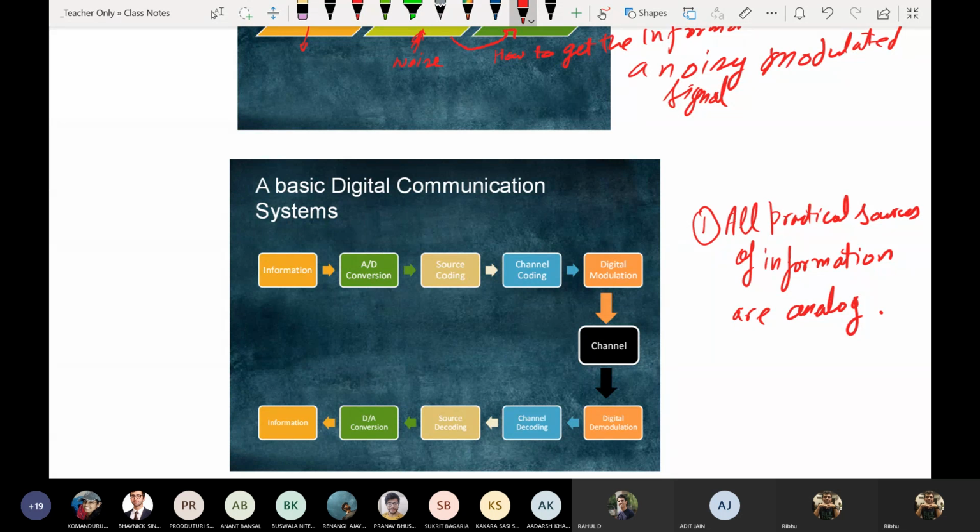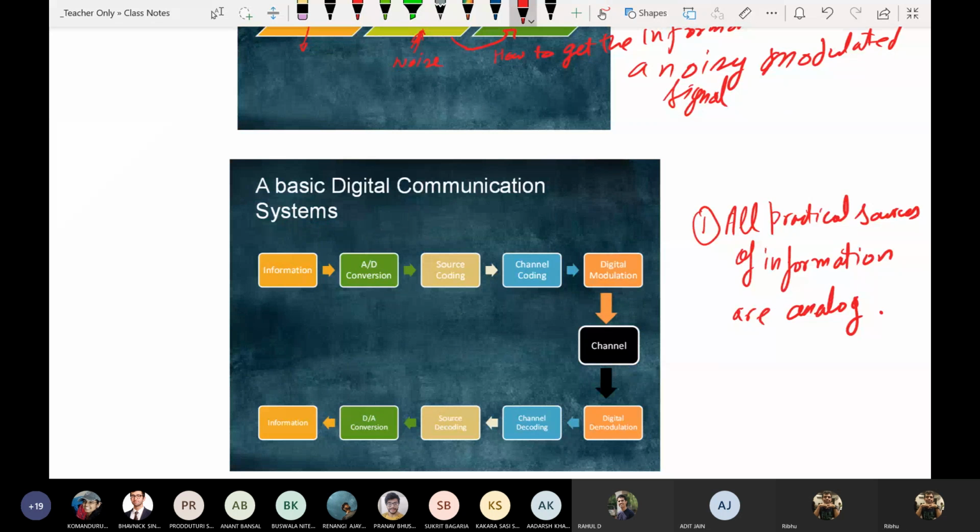sight, sound, smell, to some extent touch, and taste. But if you think about it, sight is an analog receiver, sound is an analog receiver. Smell, touch and taste we haven't used for long distance communication till now. We have only used sight and sound. Smell is used for medium distance communication, but not for long distance.